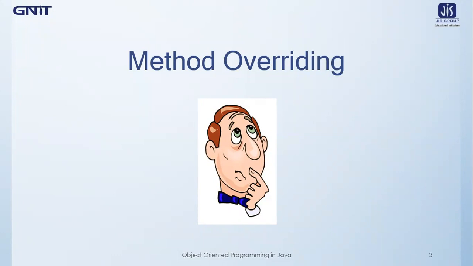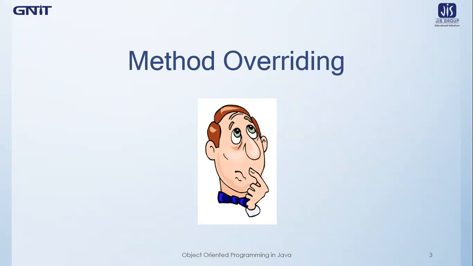When an overridden method is called from within its subclass, it will always refer to the version of that method defined by the subclass, and the version of the method defined by the superclass will be hidden. So this is what method overriding actually means.